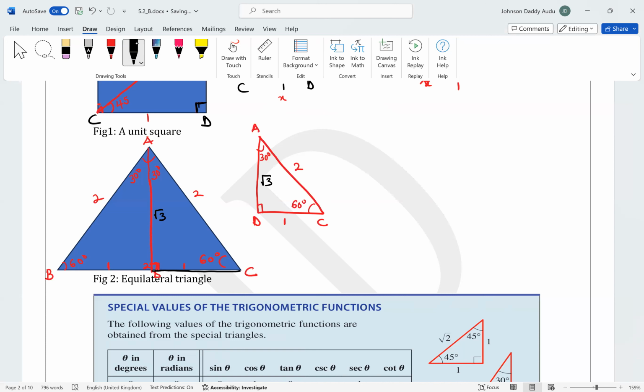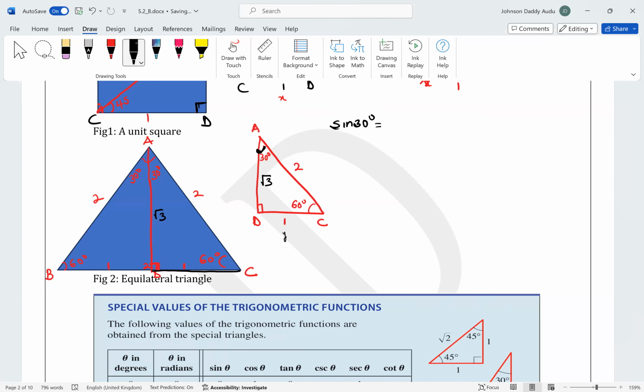So what it means is that we can find, for example, if I need sine 30 degree, you have to consider this angle. So what is sine 30? It is going to be opposite, which is going to be our y.